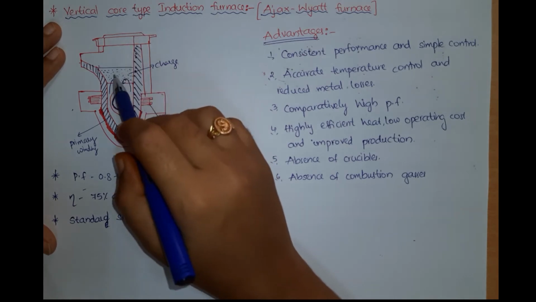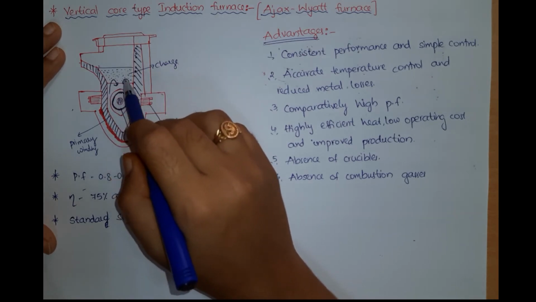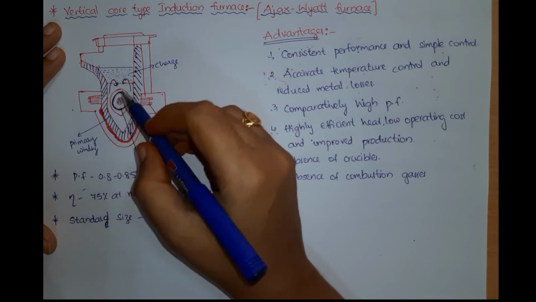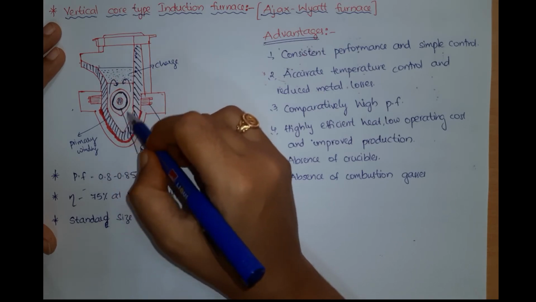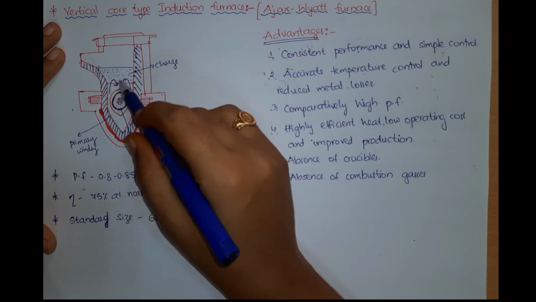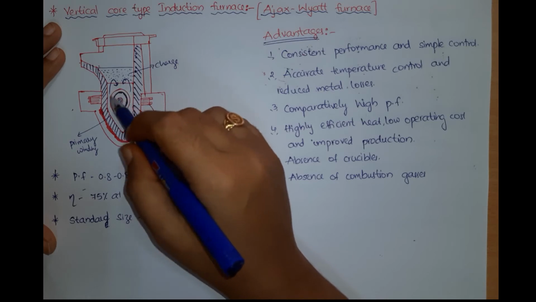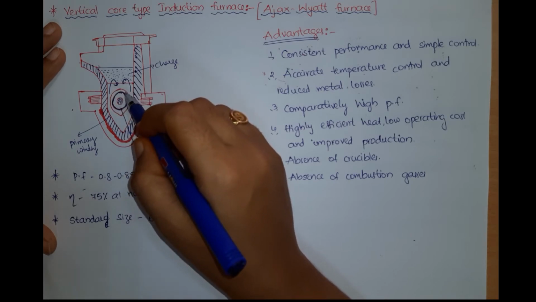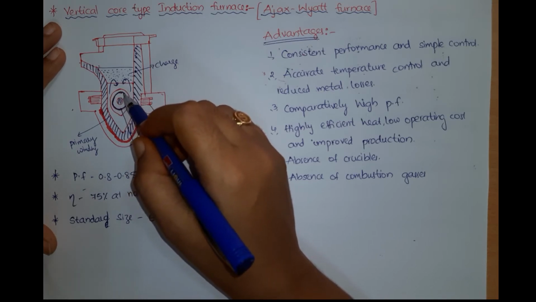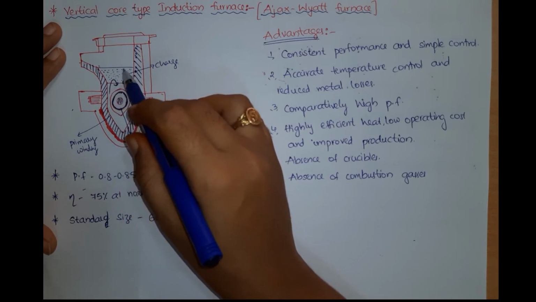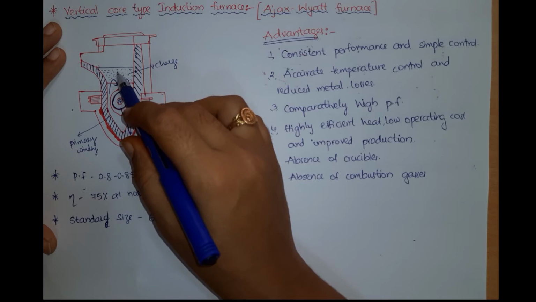Now coming to the molten metal, it is kept here. You can see this dotted one is kept circulating around this V. This will always be circulated in this V-shaped channel by convection currents. Due to convection, it will always be moving. So this provides a convenient stirring action so that the complete molten metal will be equally heated, right?